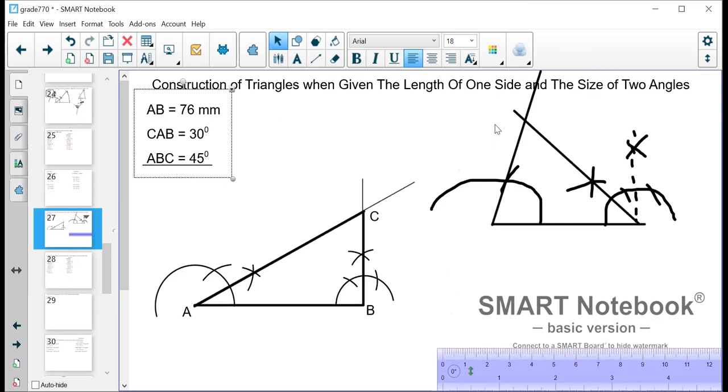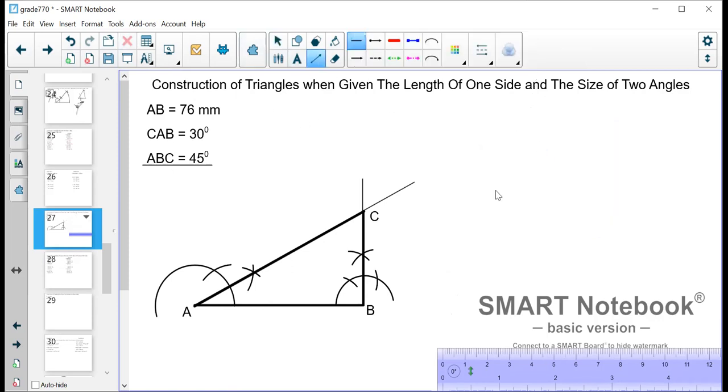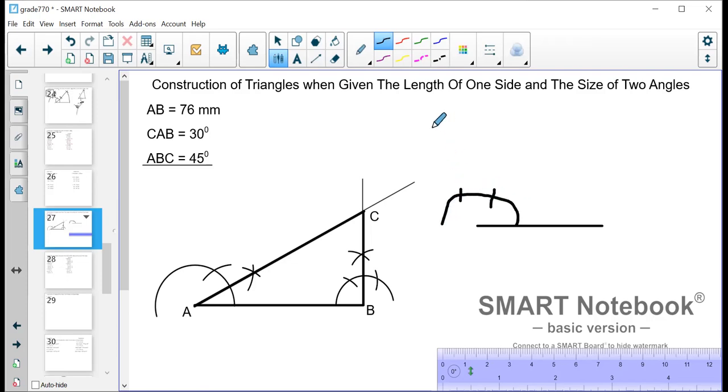Now, let me just give you an example, where the angle is 120 degrees. Here we have the triangle, the base, and we simply construct the first angle. If it's 120, you construct 120 degrees, and of course you draw a line through. That would look like this. Now, if the other one is 30 degrees, then we construct that 30 degrees where we bisect 60.